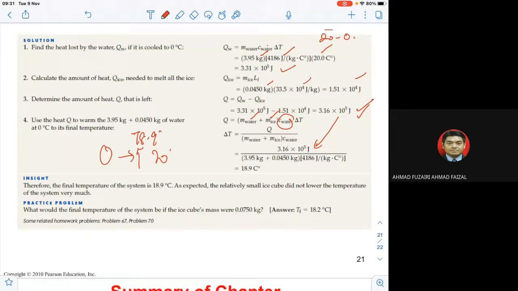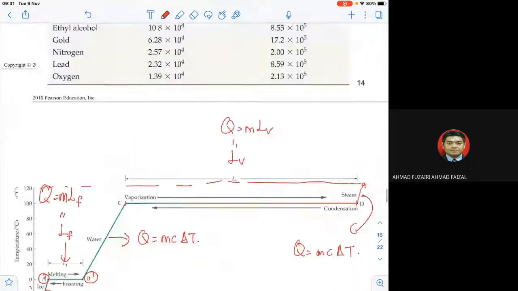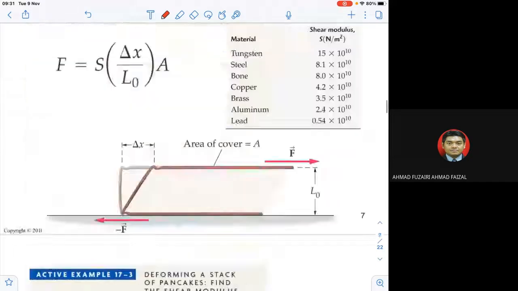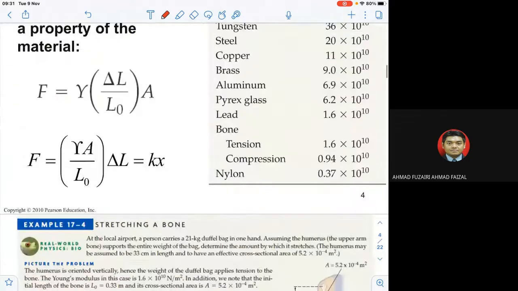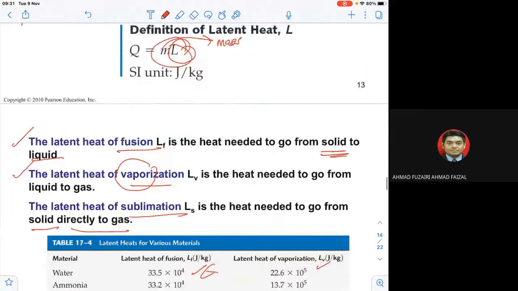All right. So in summary, we should look at the system of latent heat, in which we learn about latent heat of fusion and latent heat of vaporization.